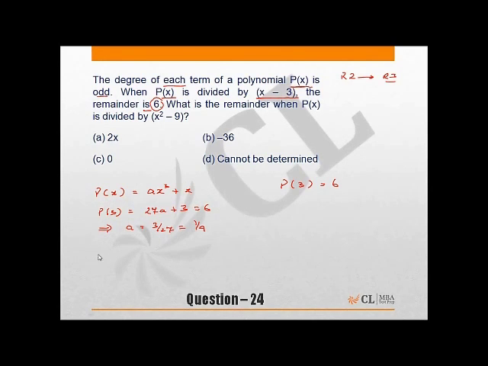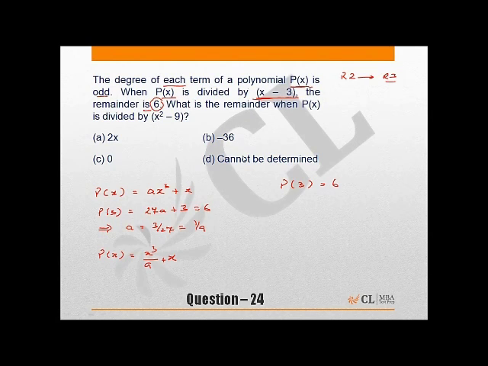In other words, P(x) equal to x cube upon 9 plus x is a polynomial which, when divided by x minus 3, will leave a remainder 6, so it satisfies the condition.